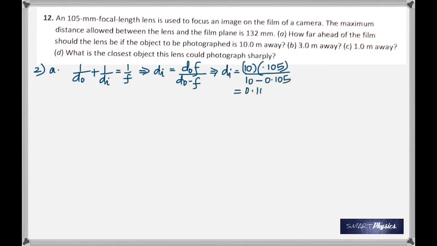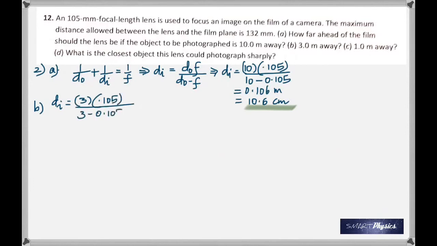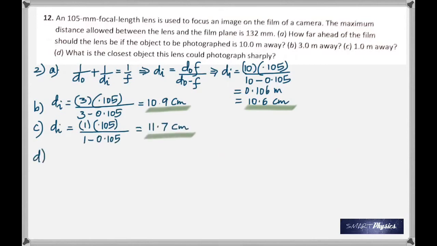Use the lens equation to find DI. DI is positive. Of course, it's a real image because it's formed on a film. And in B, same thing for 3 meters. C, same for 1 meter away. So it's just 3 different cases.